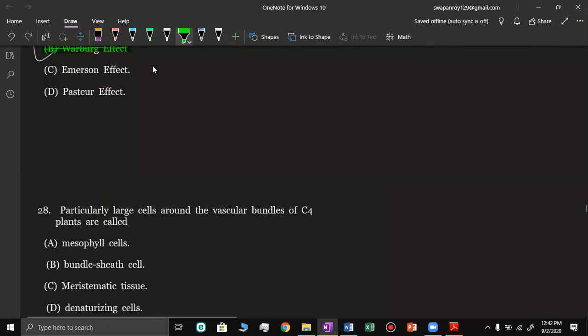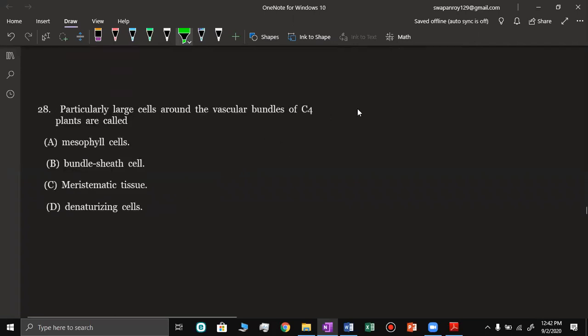Warburg was a physiologist. He first reported these things, the effect of oxygen on the rate of photosynthesis. Question 28, particularly large cells around the vascular bundle of C4 plants are called, that we have just learned, it is bundle sheath cell.